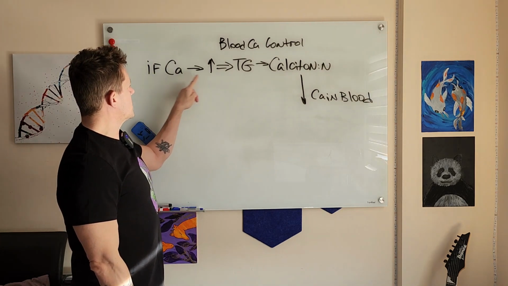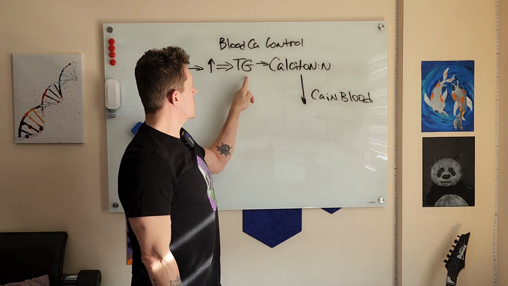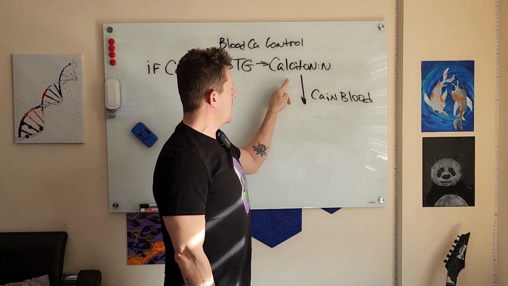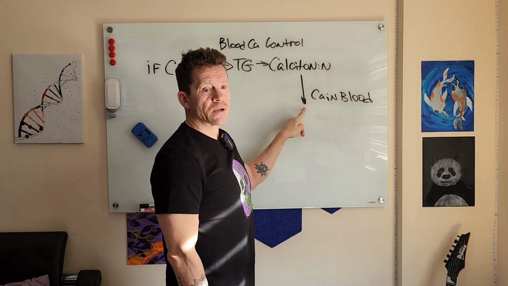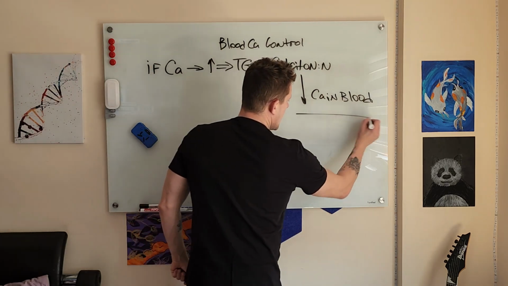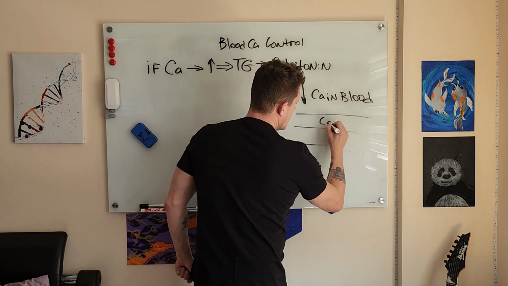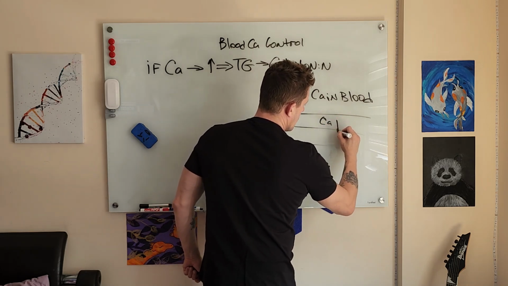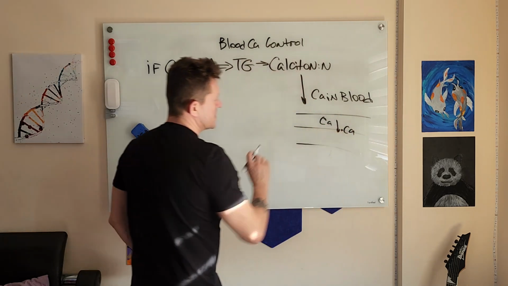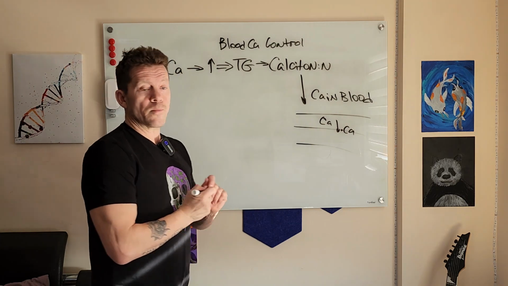If calcium is high, thyroid gland releases calcitonin, and calcitonin decreases calcium in blood, by decreasing calcium from here to this homeostasis right there. So the calcium will stay within its equilibrium point.